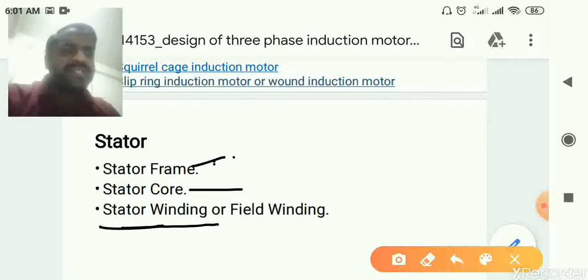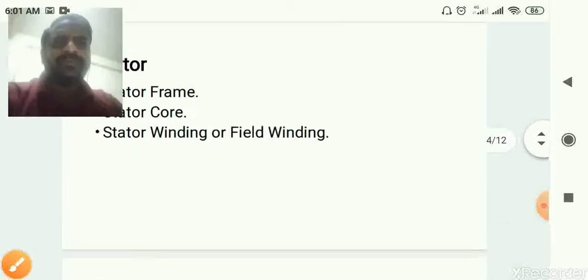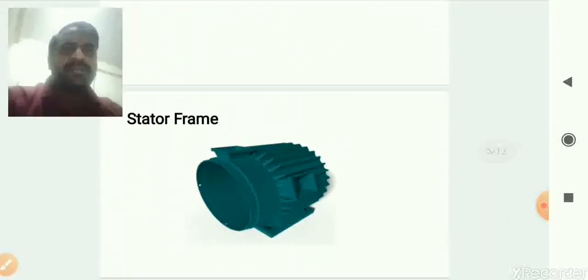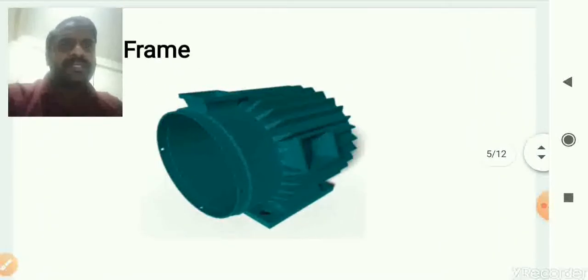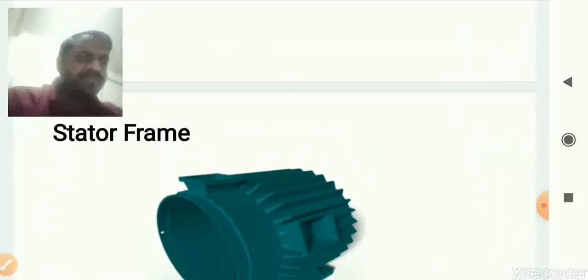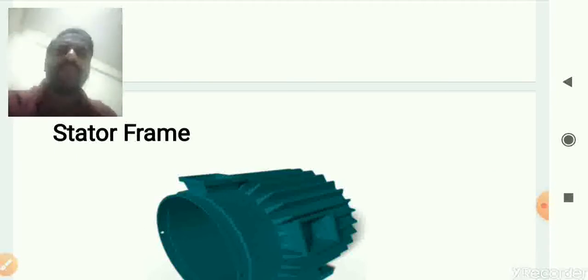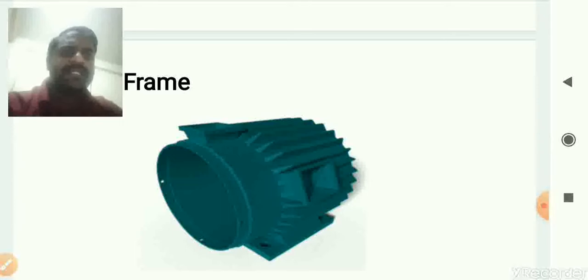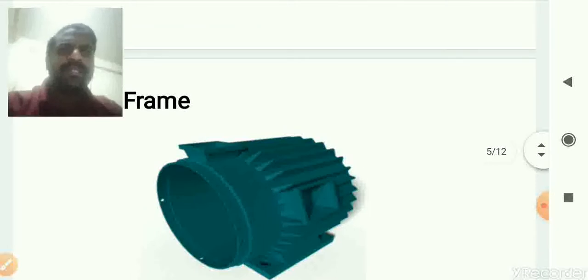Now what is the stator frame? You can see here, this is the stator frame. The stator frame is the outer part of the induction motor. You can see here in the picture, the stator frame is the outer part of the machine.